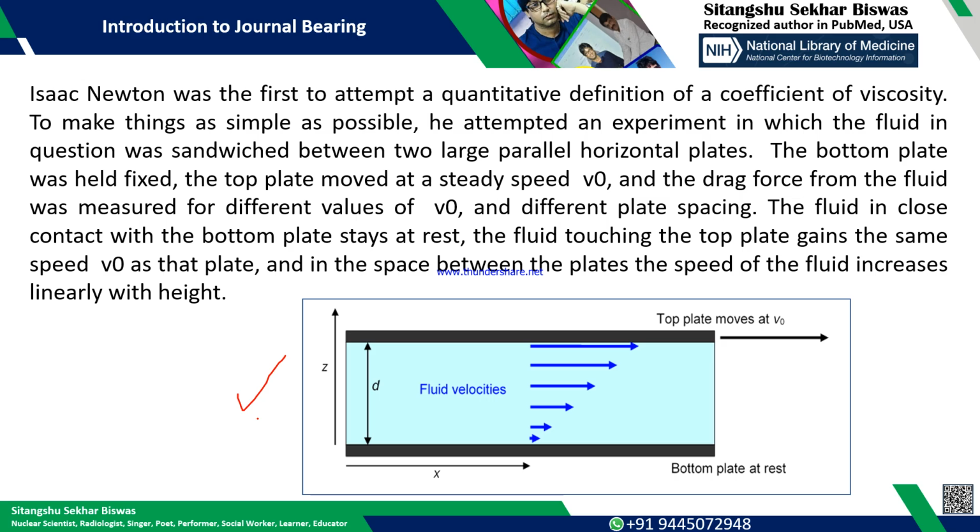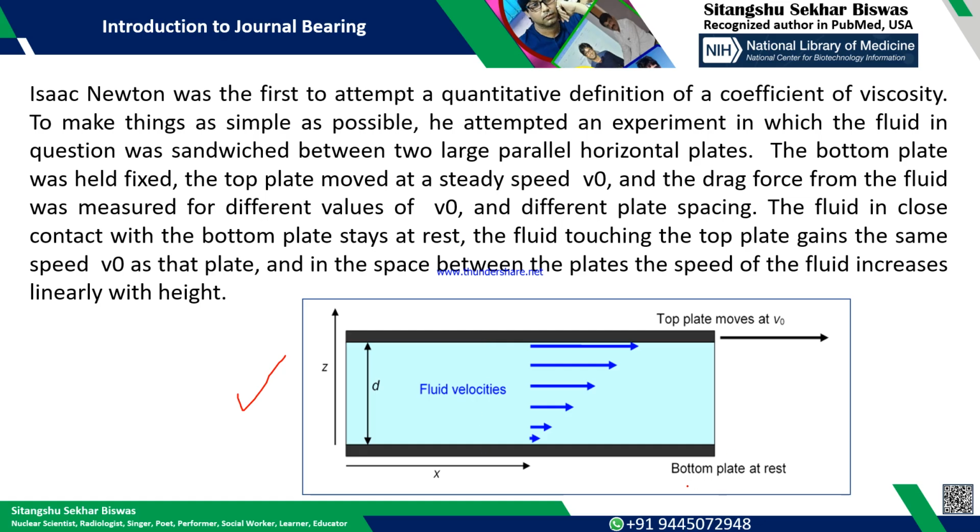So this experiment was carried out by Sir Isaac Newton. He was trying to establish the quantitative definition of viscosity. To understand this in a simple way, he did one experiment where some liquid is sandwiched between two plates.